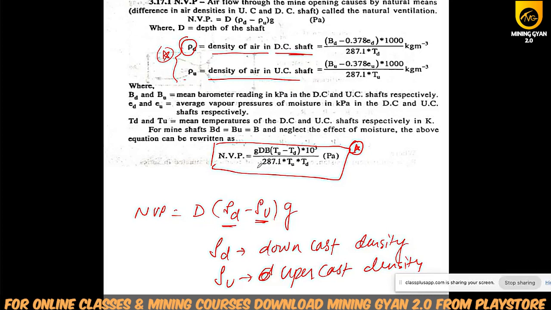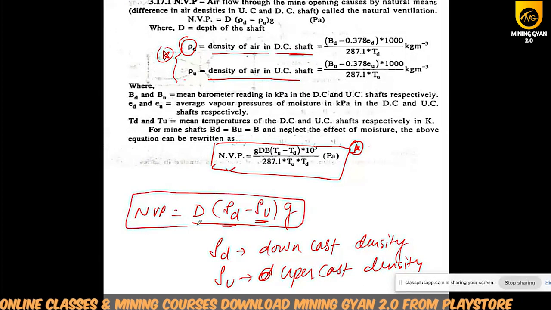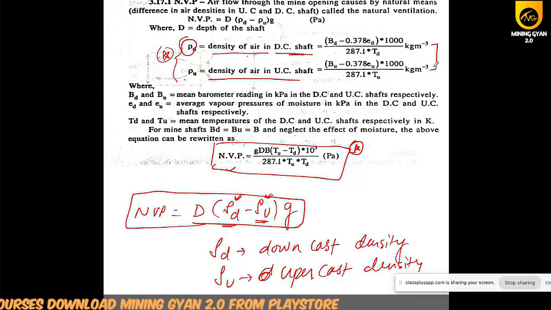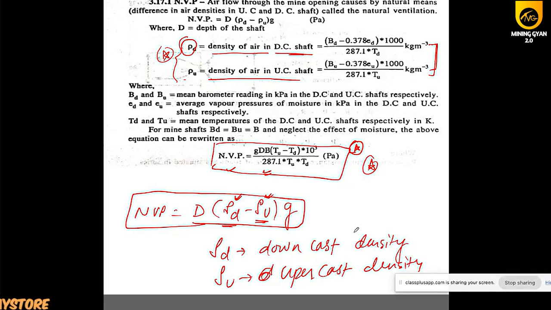So what is the NVP? We know that NVP is D into rho D minus rho U, that means density of the downcast minus density of the upcast. When you subtract both of these, you will get this formula. I am not going to derive the formula. Just remember these two formulas, because they will ask you directly what the NVP is.